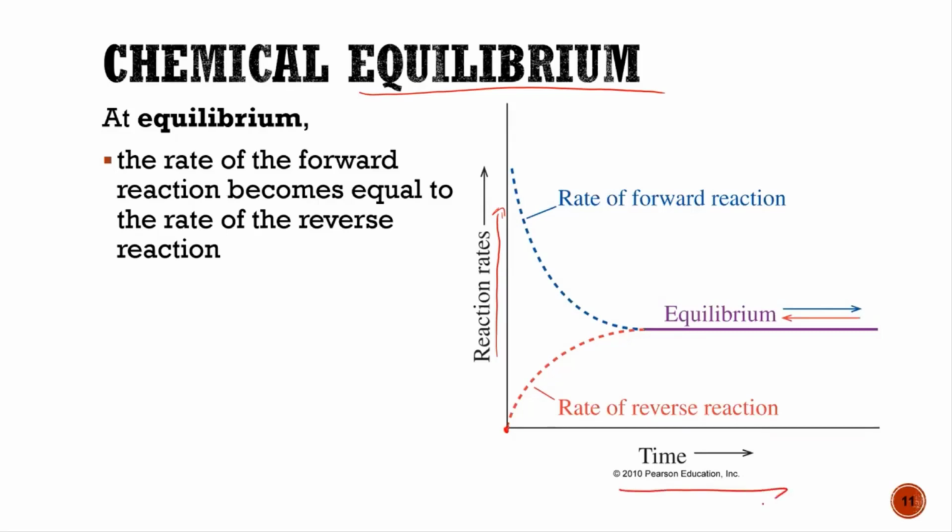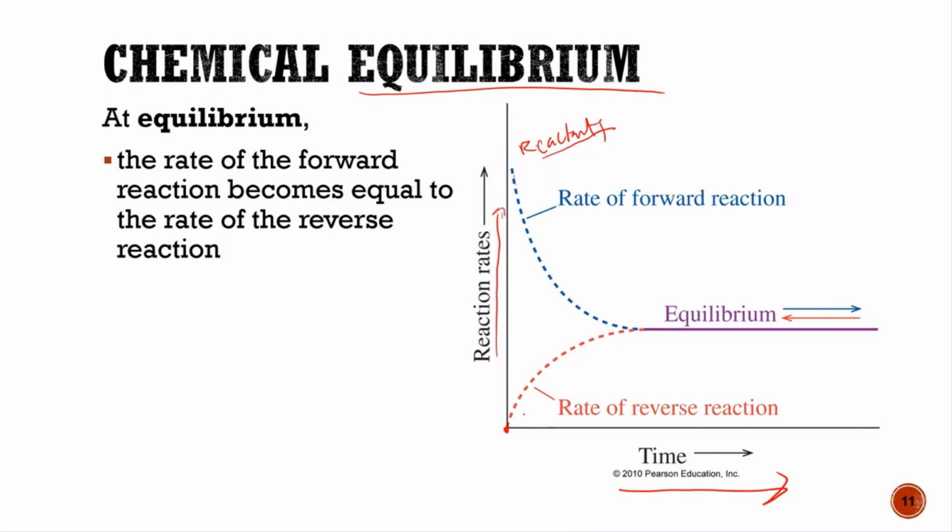But as time progresses, we start with a ton of reactants. Because all we have are reactants at first, the rate of the forward reaction is really high because that's what's colliding. But as they collide, more of the product is produced. So you're getting less reactants as they get used up, and eventually their rate stabilizes. And now they're colliding on a consistent basis.